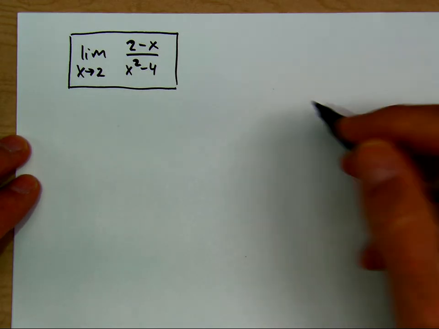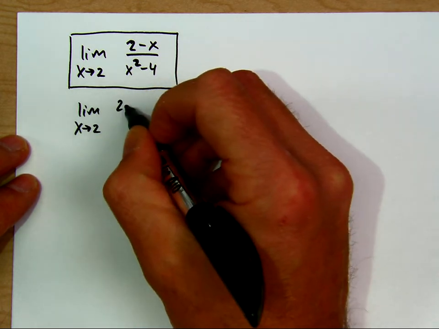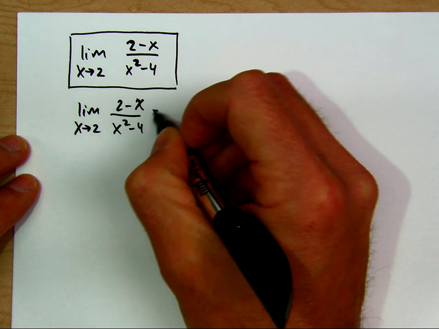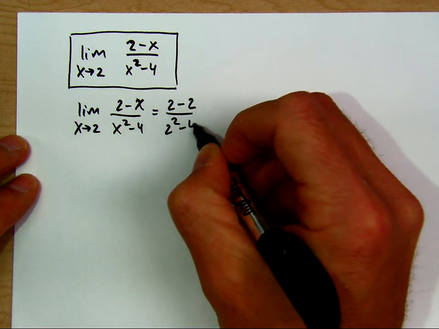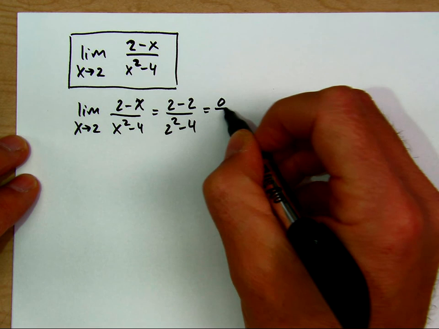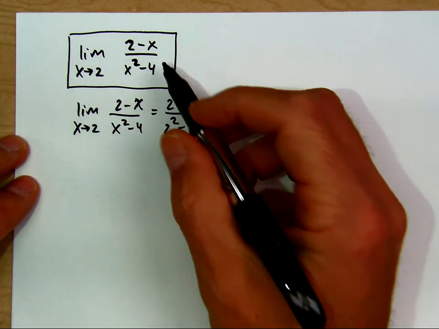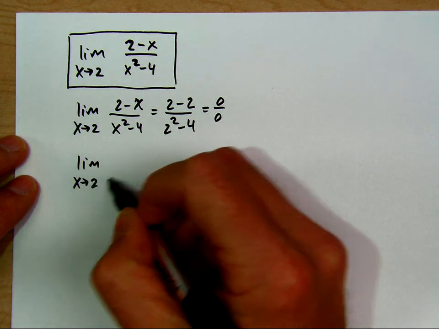All right, so we always substitute first. Two minus 2 over 2 squared minus 4, and we get 0/0. That's indeterminate, so we have to try to cancel. This is like the one we saw in the beginning.